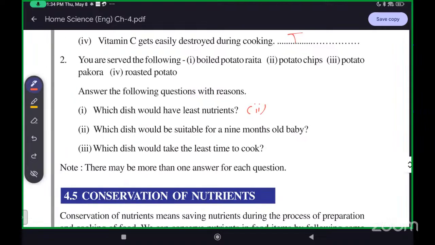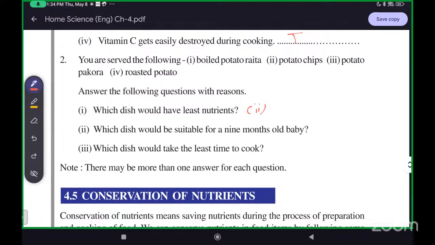Yes. Then the second one, which dish would be suitable for a 9-month-old baby? Boiled potato raita. Boiled potatoes, yeah, with the raita. It's soft. Boiled potato raita, you mean to say?